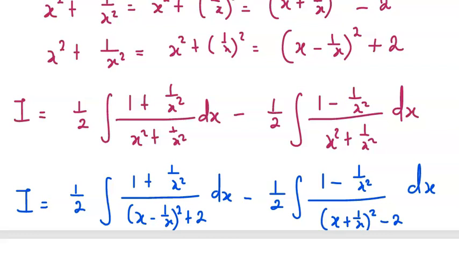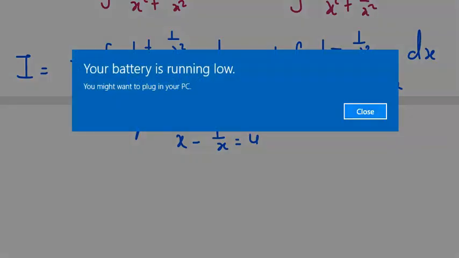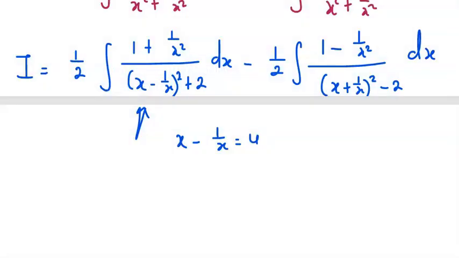So now we're going to make the following substitutions. For this first part here, we're going to let x minus 1 over x equals u. Differentiating both sides, we're going to have 1 plus 1 over x squared dx equal to du.